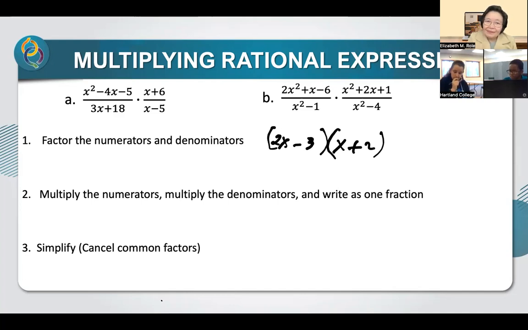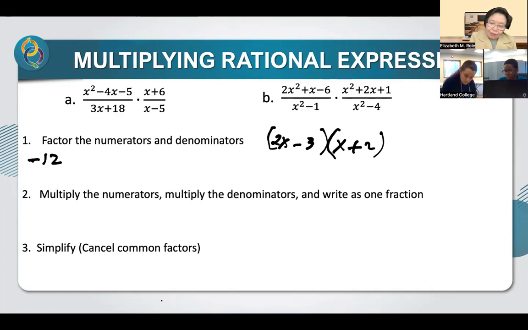Yeah. So is the (2x minus 3)(x plus 2) okay? You have done that, or we want to still do factoring by grouping? You can do it. So you know that 2 times negative 6 is minus 12. You remember that. You multiply AC. And then you think of factors of minus 12 such that when you add, it will be equal to 1.